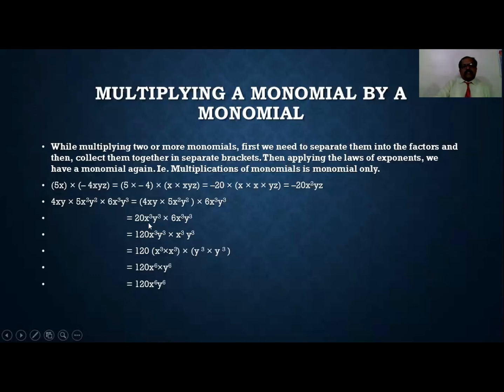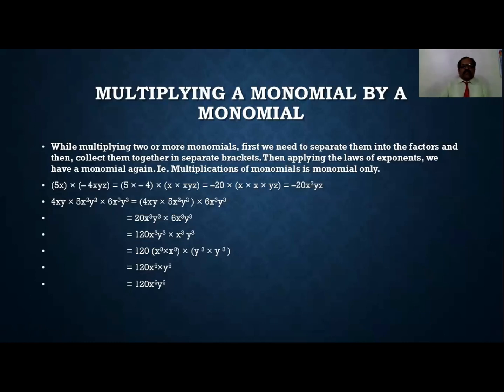Then multiplying the similar terms, the same variable terms together, it will be x cube into x cube. Then taking the terms of y together, y cube into y cube. Now again using the law of exponents, a raised to m into a raised to n, the product of two exponents with equal base, we need to add the powers.